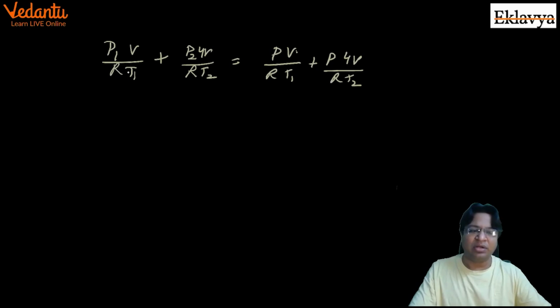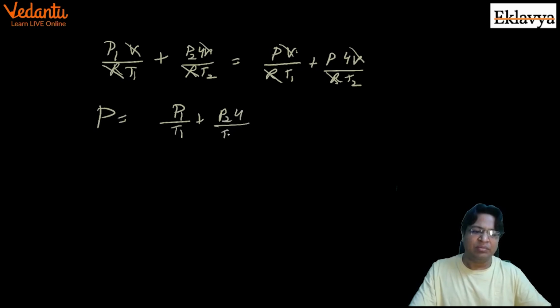So from here, the R gets cancelled. The V gets cancelled. So the pressure is P1 by T1 plus 4P2 by T2, divided by 1 upon T1 plus 4 upon T2. Now we have to just substitute the values.